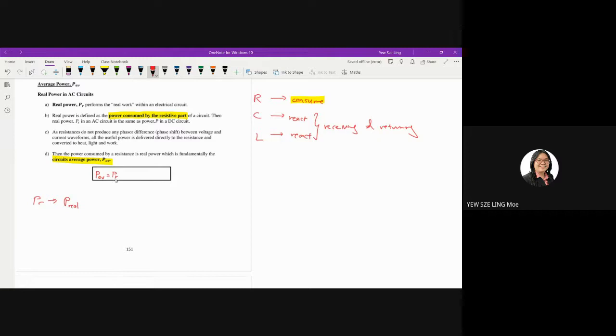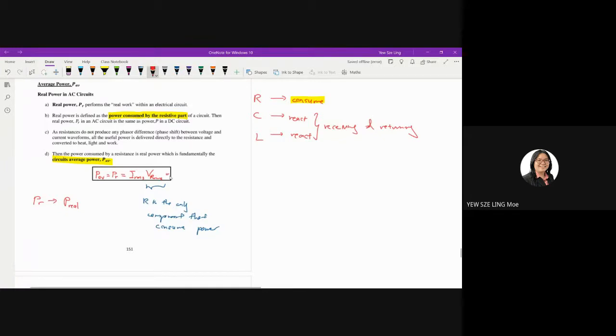At the same time, PR is equal to, since we are looking at effective power, calculated using effective values, IRMS times VRRMS. The reason we use VRRMS is that R is the only component that consumes power.